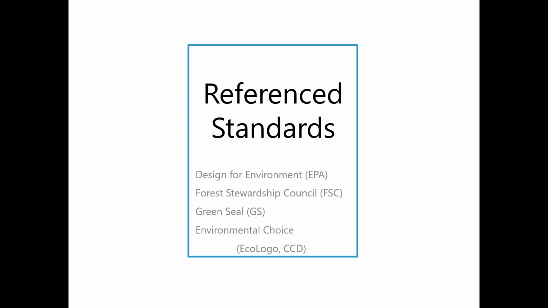So that also includes EcoLogo and Environmental Choice CCD. It used to be called Environmental Choice CCD, and now it's the UL EcoLogo standard. Those are the ones that we really want to focus on from a cleaning product certification standpoint. Those are the ones we want to purchase for our buildings.